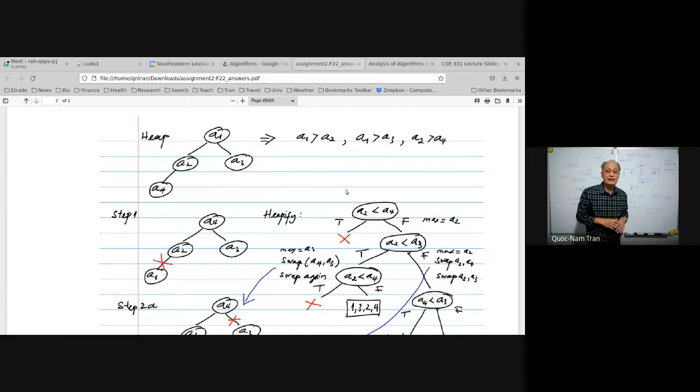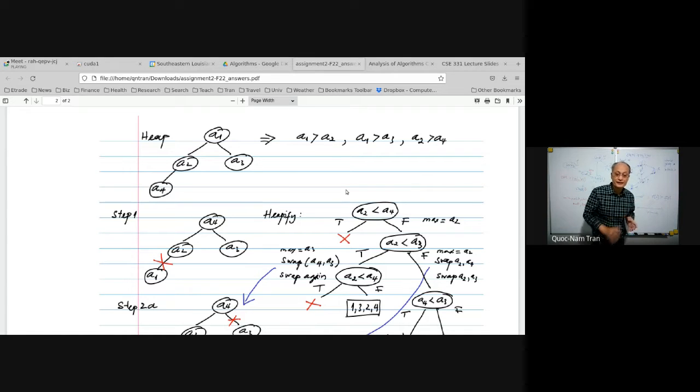The second scenario would be A2 at the root, etc. And for each of those heaps, you would have to build a different decision tree, and it will make it very hard.